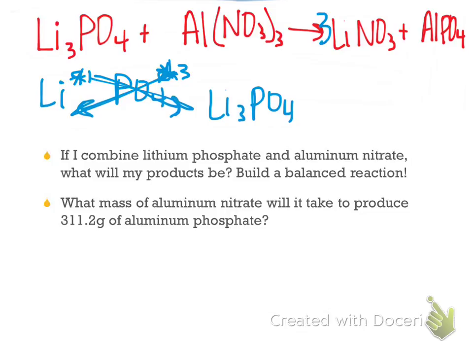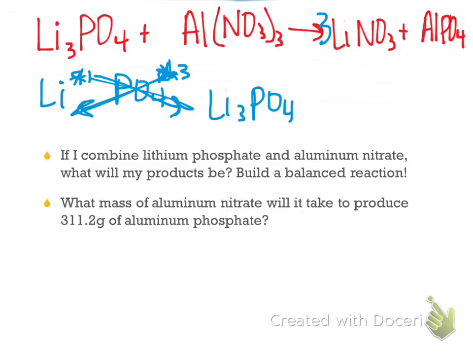Okay, people that did it on their own, did we get to that balanced reaction? Exactly, yeah, there's just one of these, and then when we balance it here, it's because aluminum is a +3 and phosphate is -3. Anytime we leave it off, when you're talking about balancing the total equation, since we only need 3 lithiums and we need 3 nitrates, we just put 3 there, and then all the other ones just.